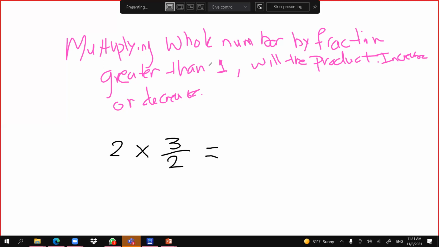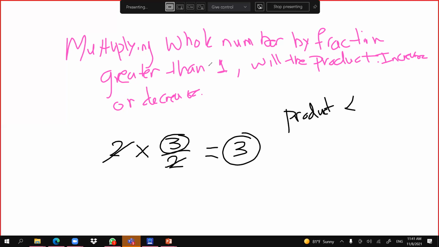Now, when you multiply them together, what did you get? You get number 3. The question is, is the product less than the whole or greater than the whole? How do I know?